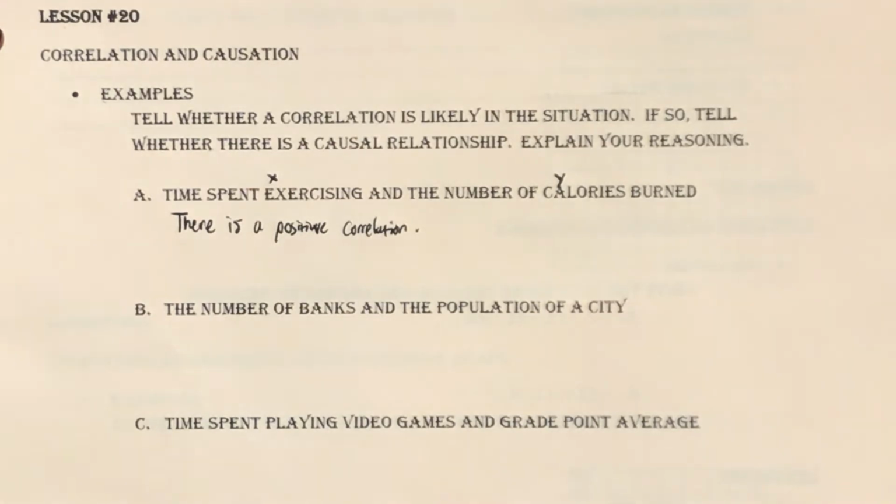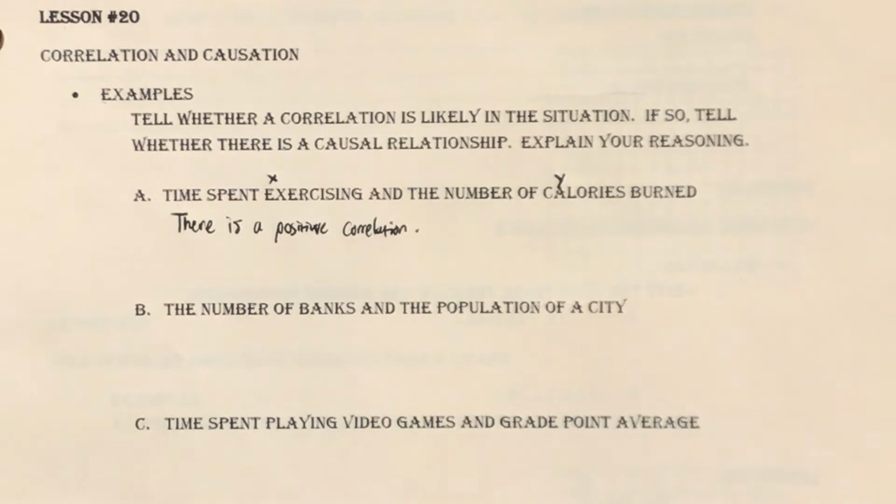Now what I need to decide is, is there a causal relationship? Is me exercising causing me to burn more calories? Well, definitely. If you know very little about the human body or about exercising, if you exercise, you will burn calories. That's how it works. You're putting your body under stress, which causes it to burn calories and to shed fat and to do all of these things.